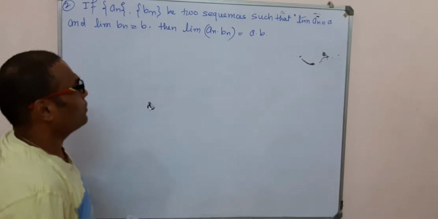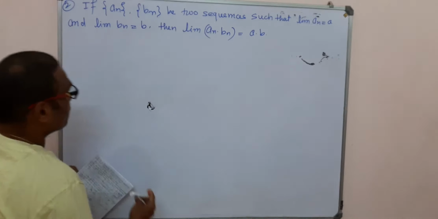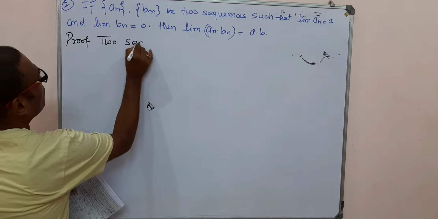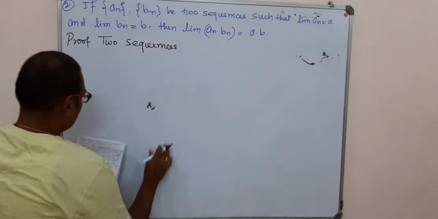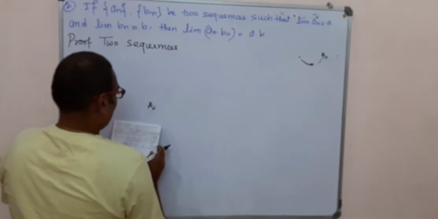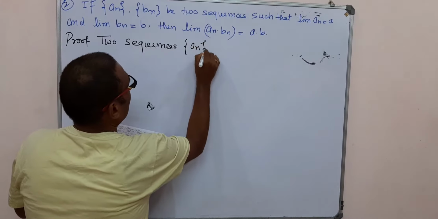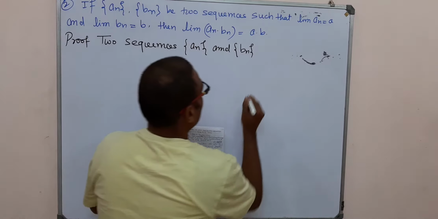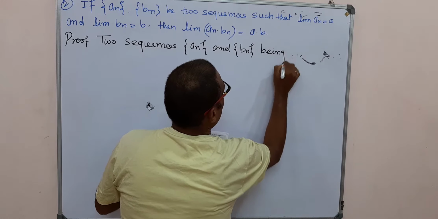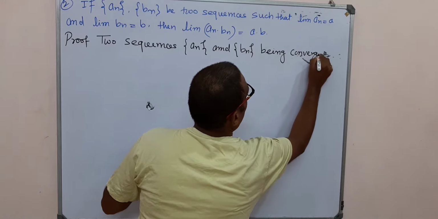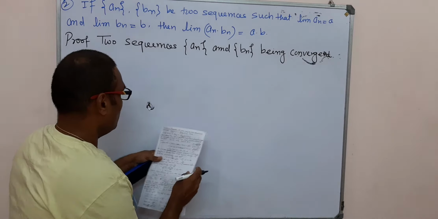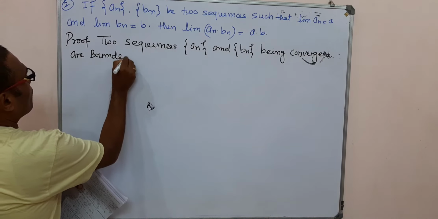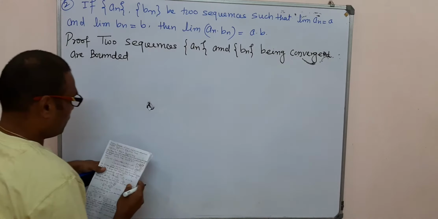Now we start the proof of this theorem. The two sequences a_n and b_n, being convergent, are bounded.